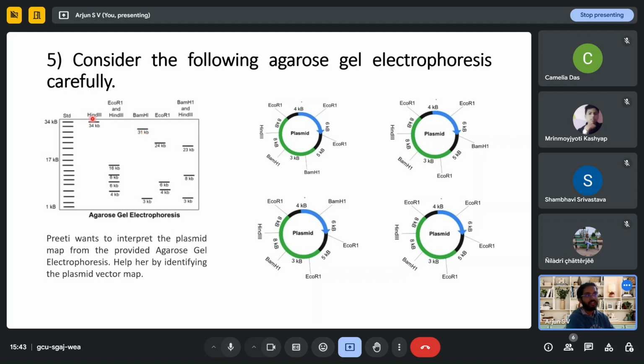So when HindIII alone is acting, it gives only one band of 34 kilobases. This means that there is almost always only one HindIII site. Think in that way, and see how you can form a meaningful plasmid map. Which one of those will be correct?